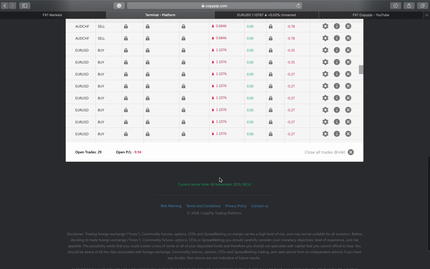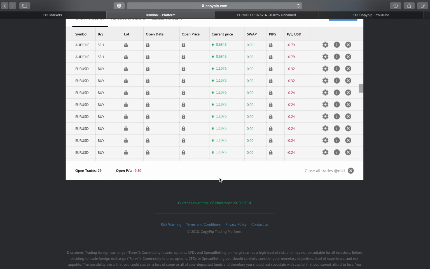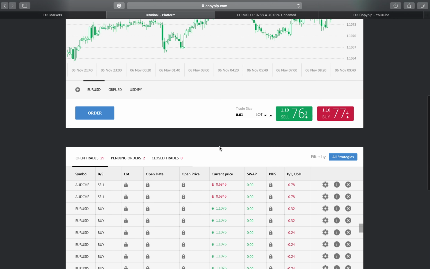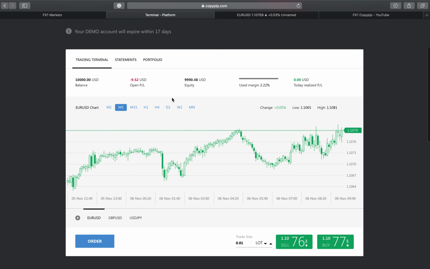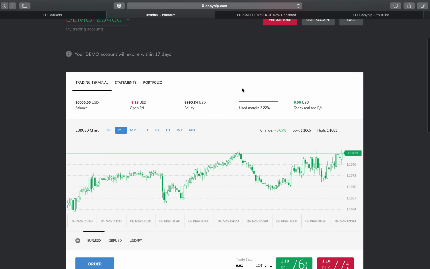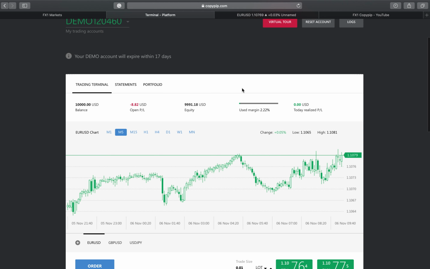It will be going up, a little down, and going up. So you might be in a drawdown and you see negatives, but you need to be patient and wait for these strategy providers to grow their equity, so yours will be growing as well.